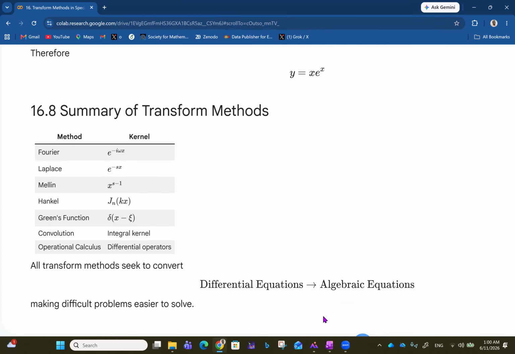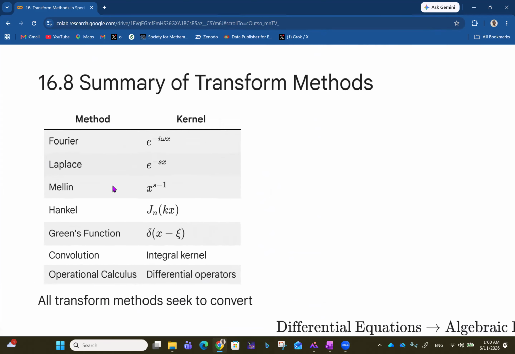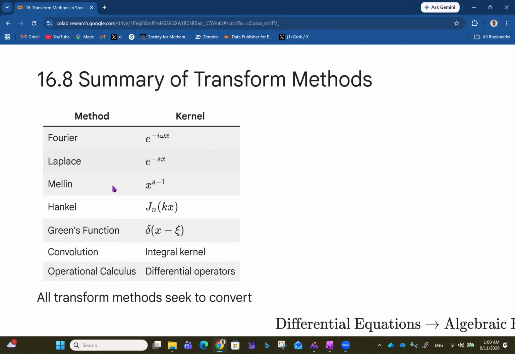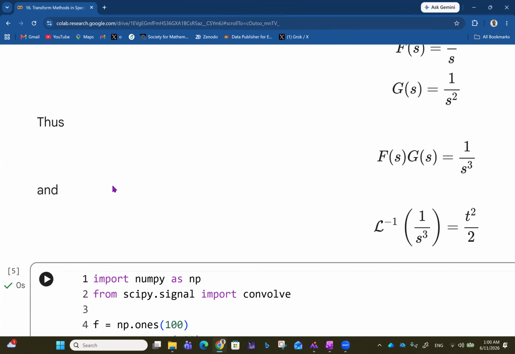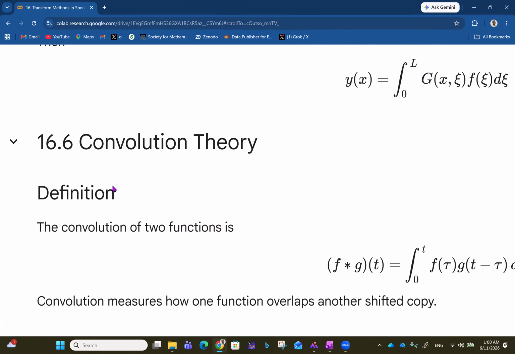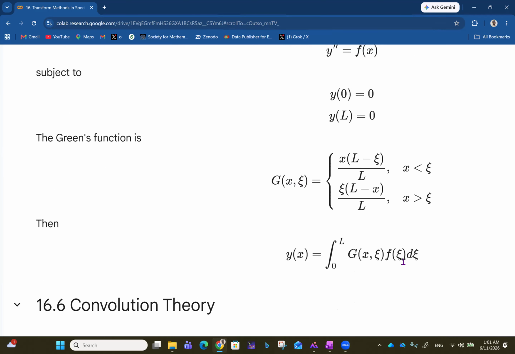In summary, then, we have methods and their kernels. For Fourier, the kernel is the expression you are bringing another function into. So by kernel, we mean something like this. For convolution theory, the kernel has its own expression.